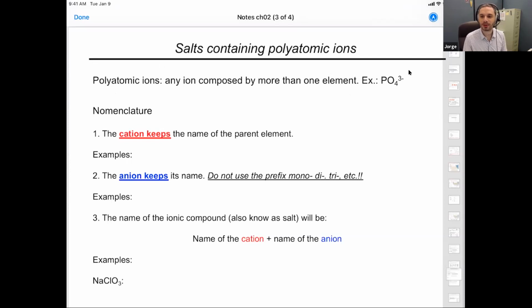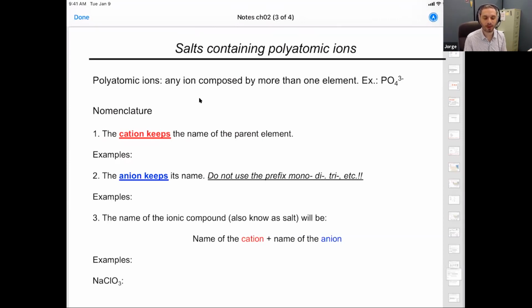Because you have a 3- charge here, this charge will be balanced out by a positive element. And when that happens, you form a compound called a salt containing polyatomic ions.